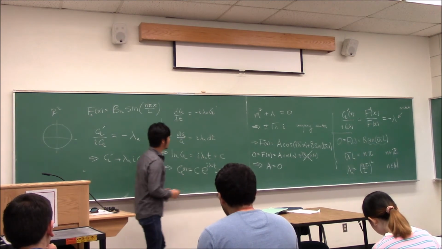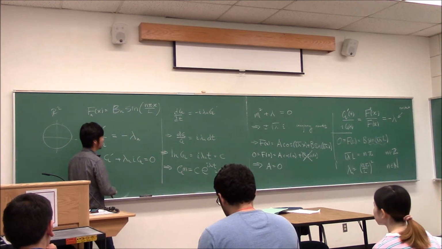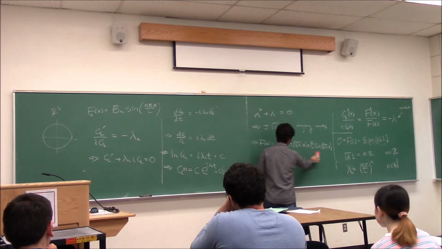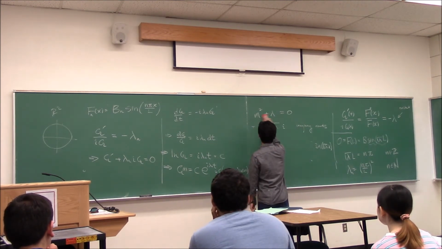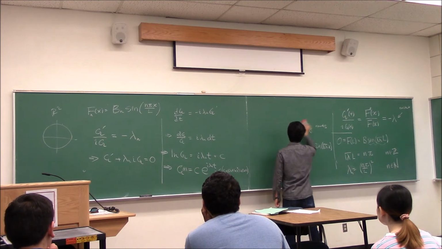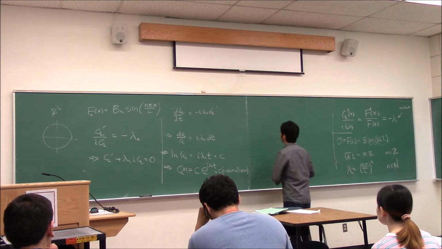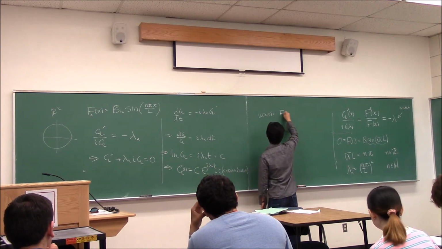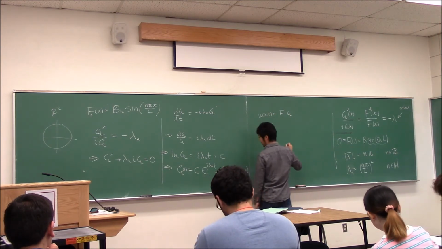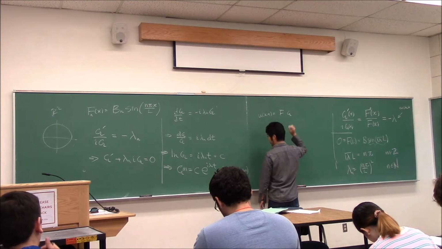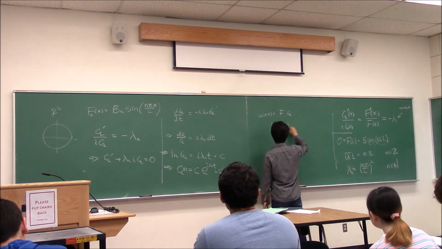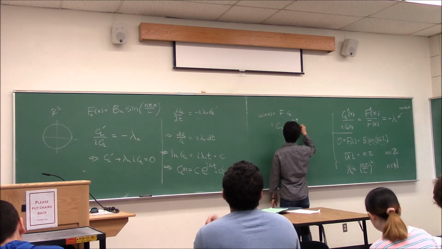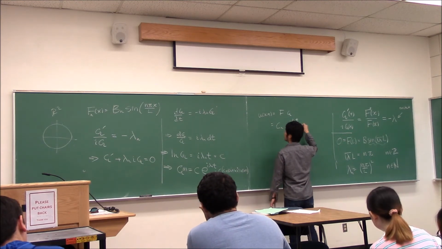Anyways, let's combine these two solutions together to get the solution to the Schrodinger equation. So u(x,t) is equal to f times g, which is some constant that depends on n, e to the i lambda n t, times sine.